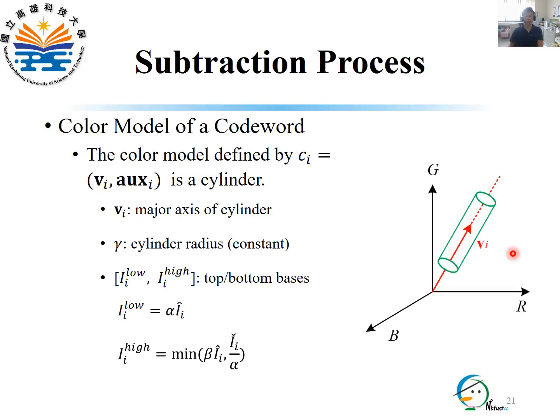V_i defines the major axis of the cylinder, and a constant gamma defines the cylinder radius. The top and bottom bases are determined using the maxima and minima brightness of the codeword according to these two equations, where alpha and beta are two constants. In this paper, alpha and beta are in the ranges from 0.4 to 0.7 and from 1.1 to 1.5 respectively.